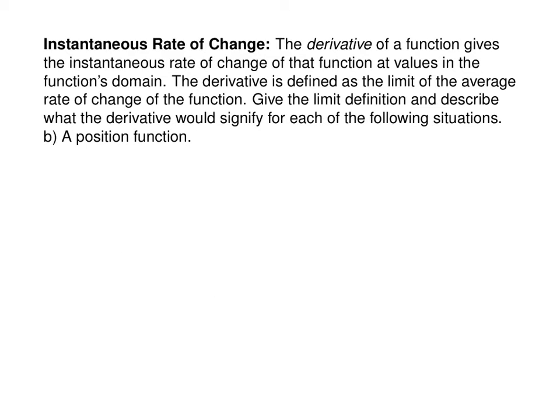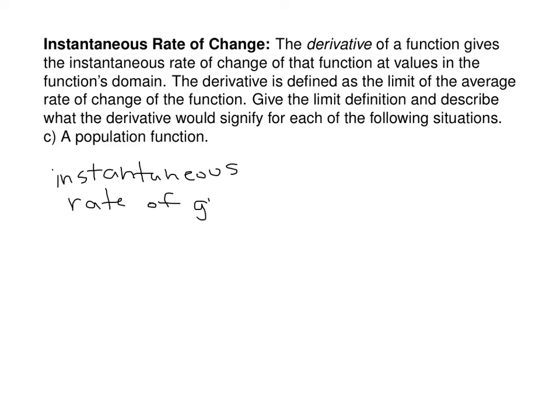If you have a position function, this is going to give you the velocity at a particular time. And if you have a population function, it will give you the instantaneous rate of growth of that population.